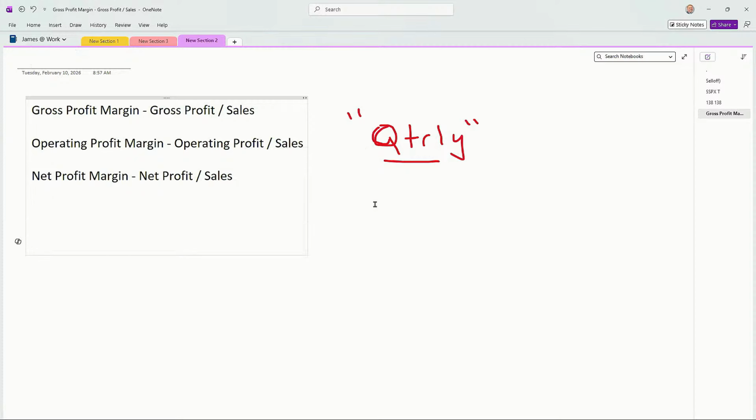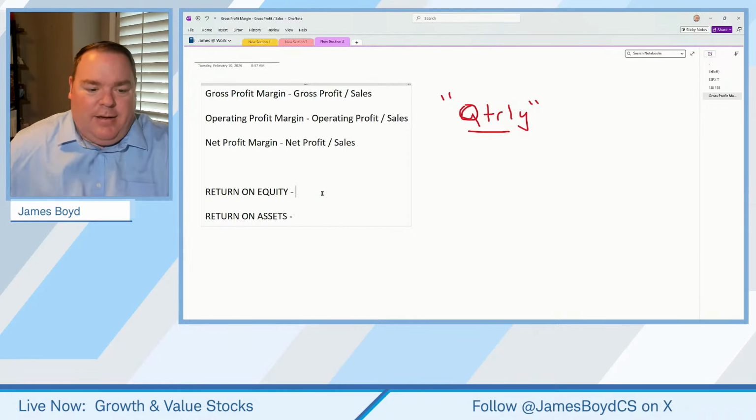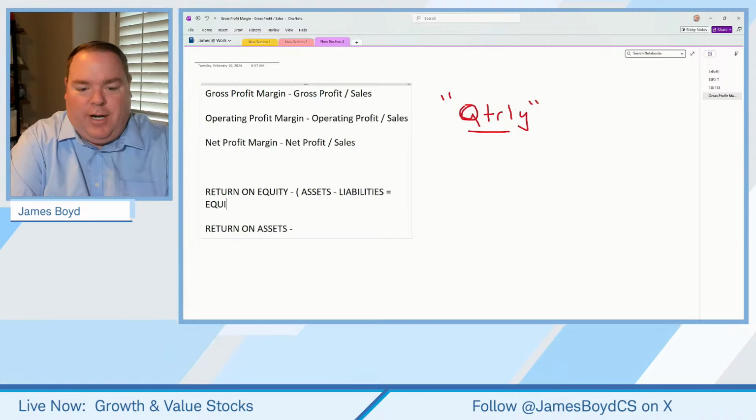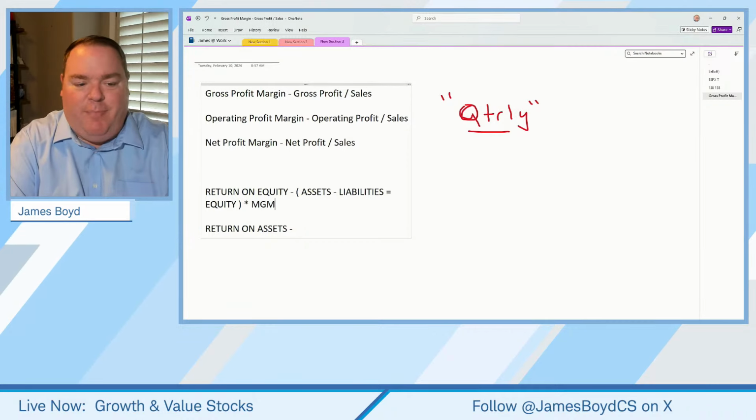Now, when we actually take a look at, let's say, things like return on equity, okay, and when we take a look at return on assets, the equity, just real quick, is the assets minus the liabilities equal the equity. And so we want to know, this is kind of a gauge of management effectiveness.